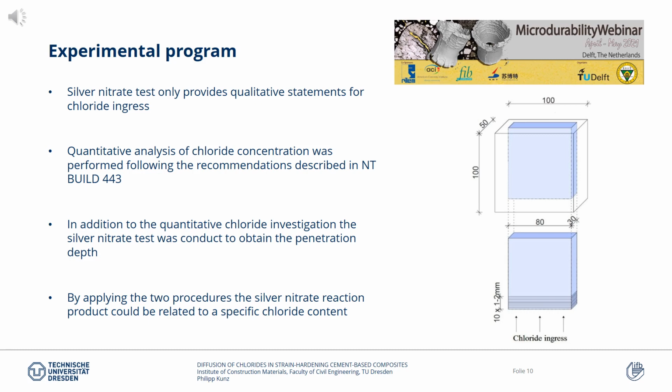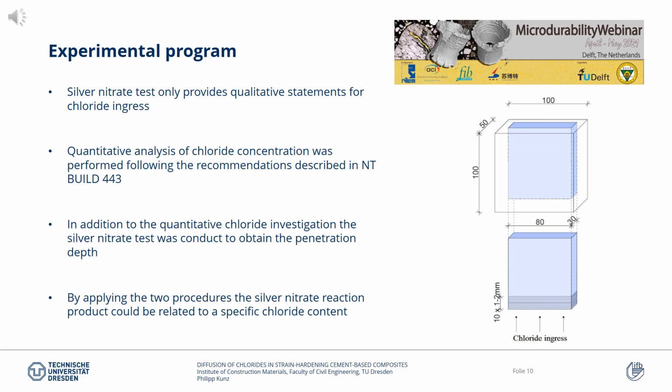6 to 10 layers of each specimen were abraded to define the particular chloride concentration of each of those layers. This powder test material was then given in 18% diluted nitric acid and filtrated. The specific chloride concentration per layer was then obtained by applying a photometer to the filtrate.